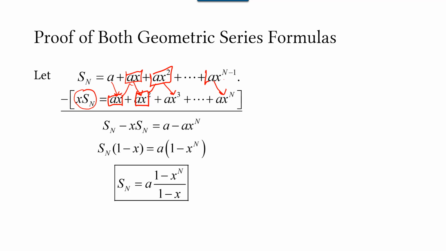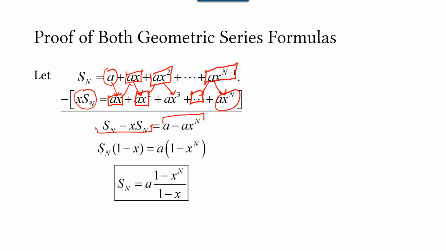I would not have a partner for the ax to the n, so it's not going to cancel, and I would not have a partner for the a. So the result of my subtraction, S sub N minus x times S sub N, is just a minus ax to the n. All of the middle terms canceled.